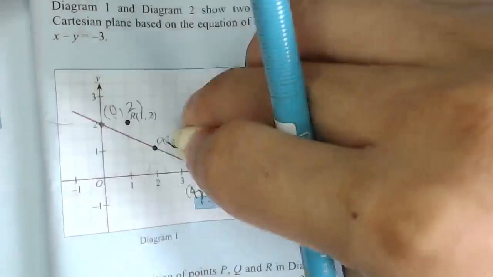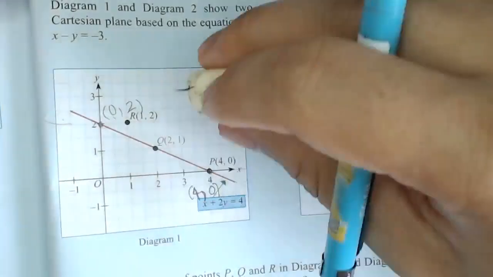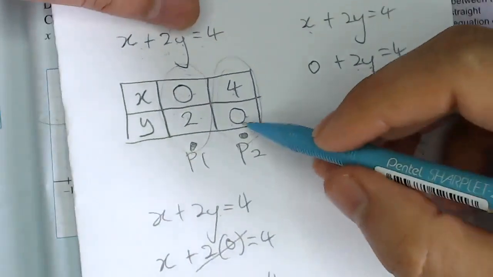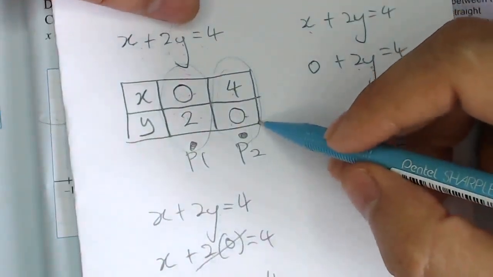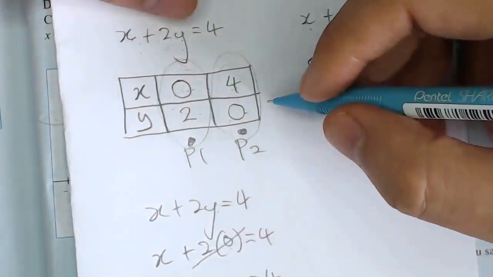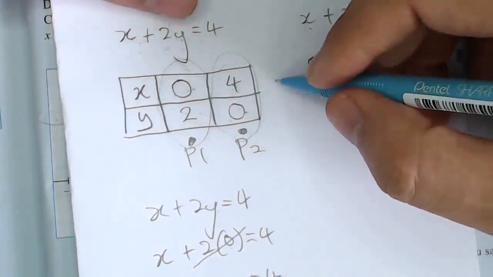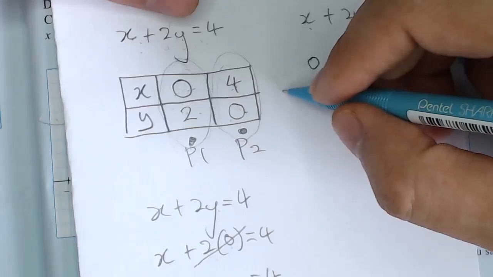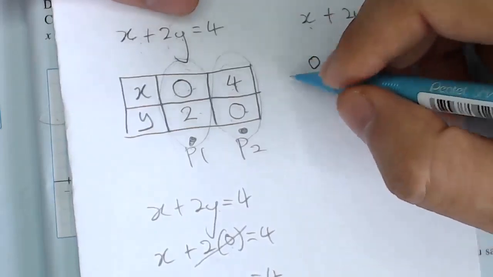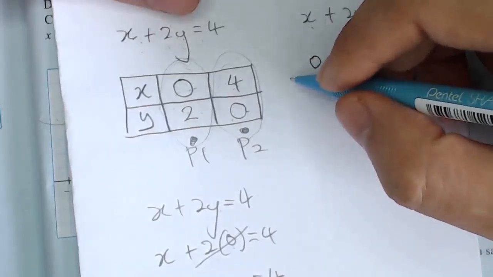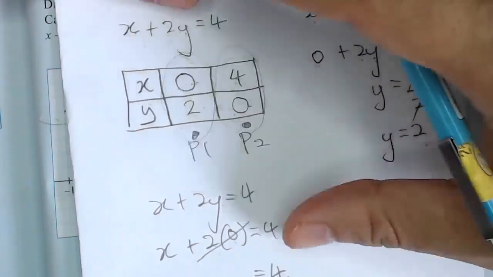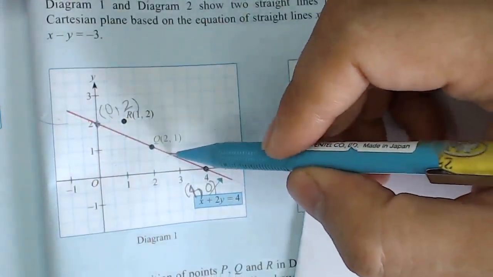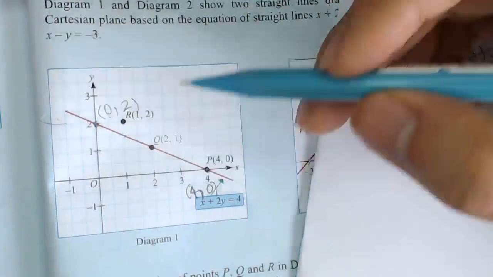Now you may wonder, cannot we have another point? Do you understand? Cannot we have another coordinate? The third one, the fourth one. And if we connect the points, shall we get the same straight line? Yes, of course.